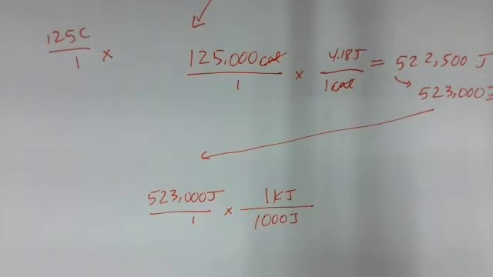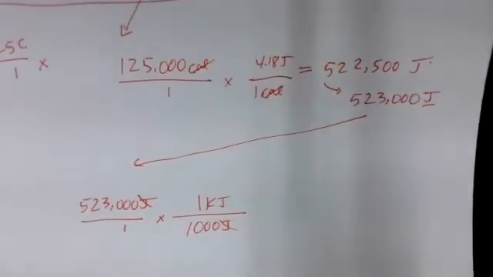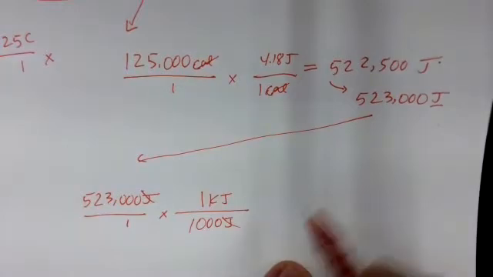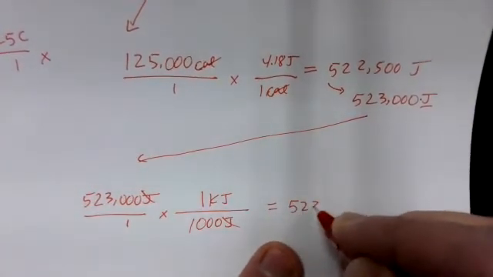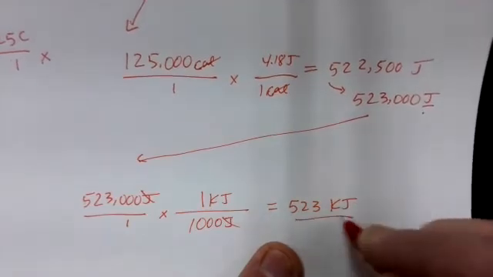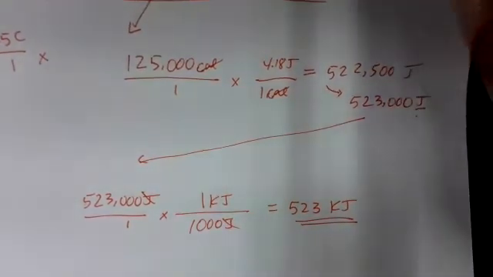In 1 kilometer, there's 1,000 meters. In a kilogram, there's 1,000 grams. And in a kilojoule, there's 1,000 joules. The joules in the numerator and the denominator cancel, and this is a mathematical division, so the answer is going to be 523 kilojoules. That's question number 1.